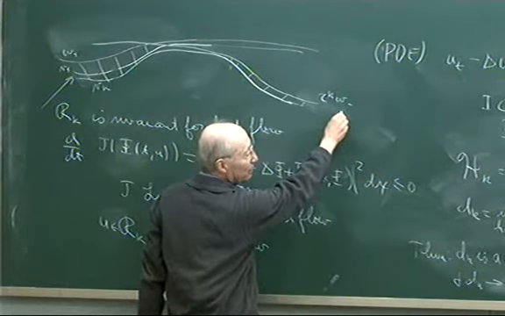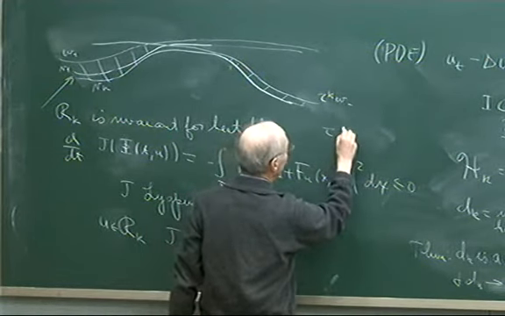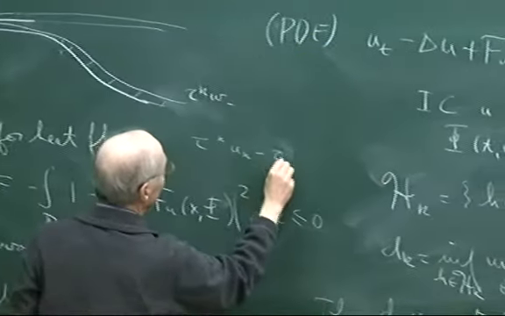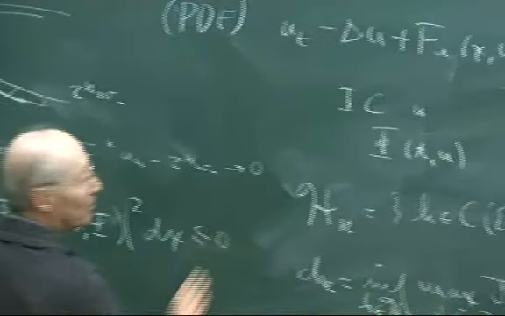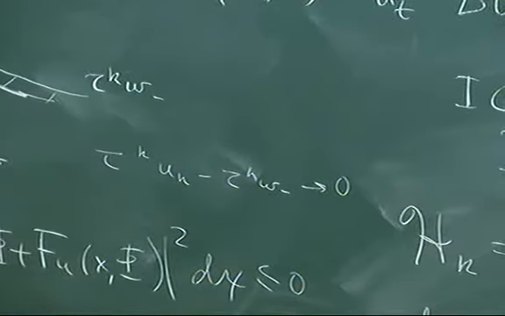The UK, or the shift tau k UK minus tau k W minus, will converge to 0 in a sense, but it's harder to get.